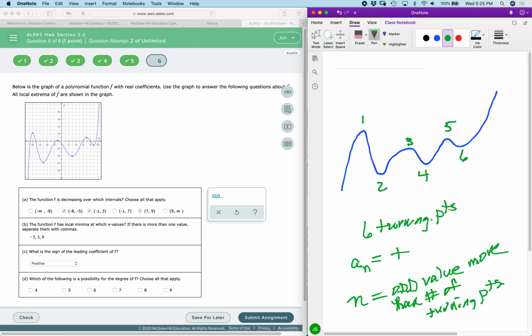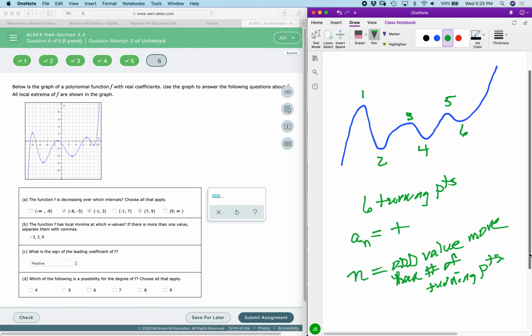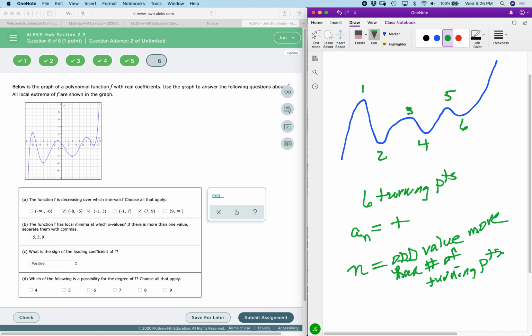Okay, so the number of turning points will be at least one less than the degree of the function. So in this case, if you're looking for an odd value more than 6 turning points, n could be 7, 9, 11, and so on.